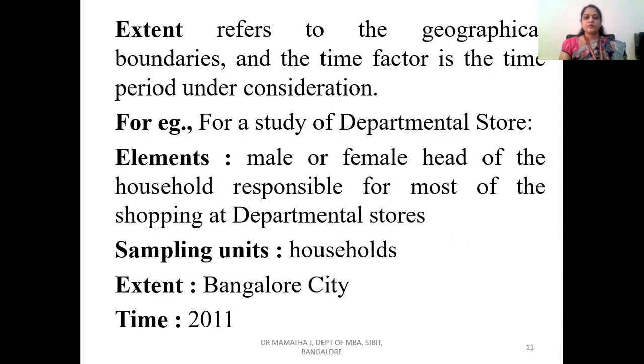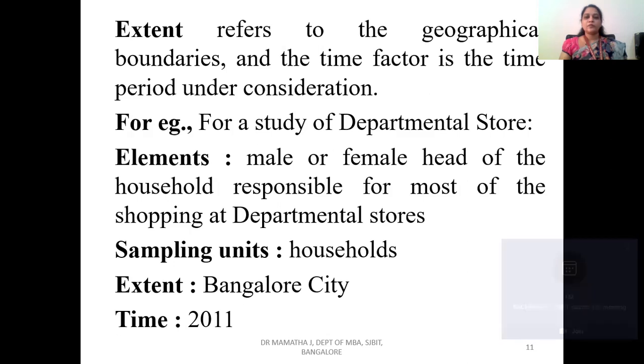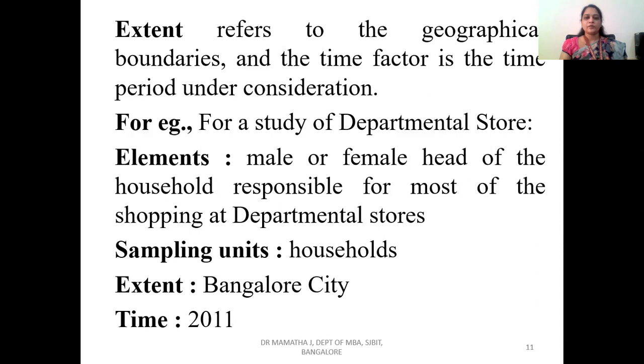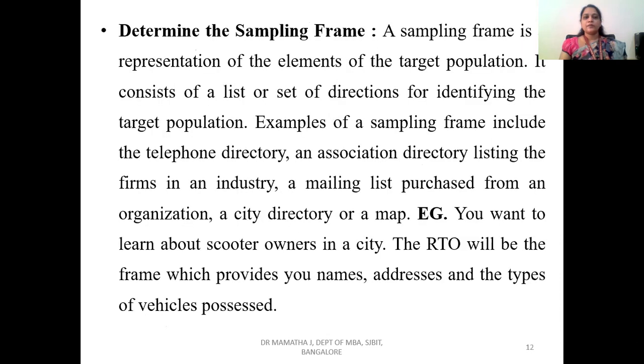In this example, for a study on a departmental store, the elements will be the male or the female head of the household responsible for most of the shopping at the departmental stores. The sampling unit will become your households. Extent is you are covering only Bangalore city, and time period maybe which year you're selecting the sample, you're doing your research, maybe it is 2011 or anything else. This is an example.